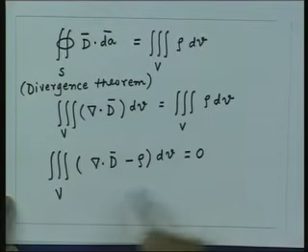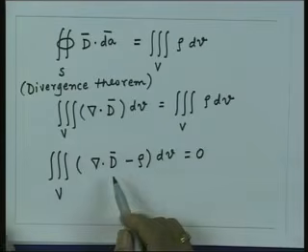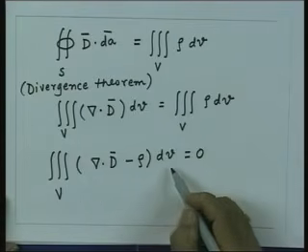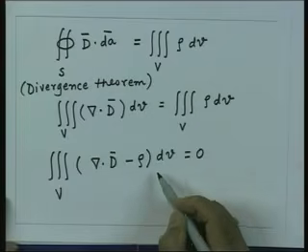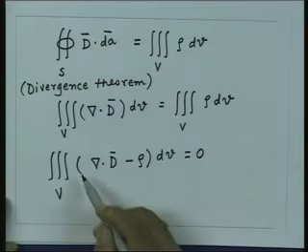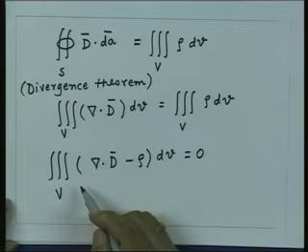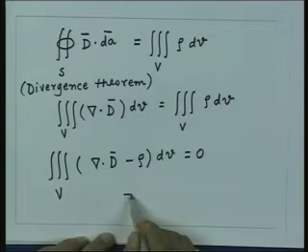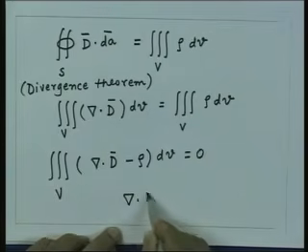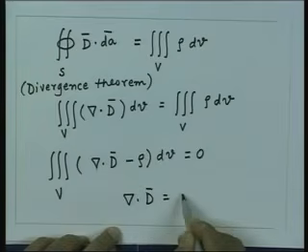Now, this relationship, or this integral, must be true for any arbitrary volume. That can happen provided the integrand is identically 0. So, this essentially gives you del dot D is equal to rho.